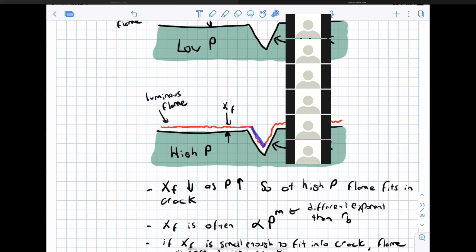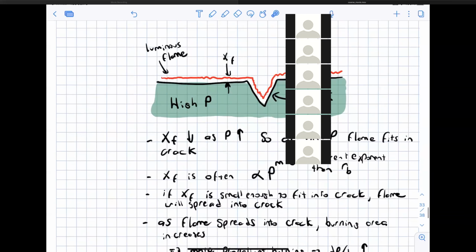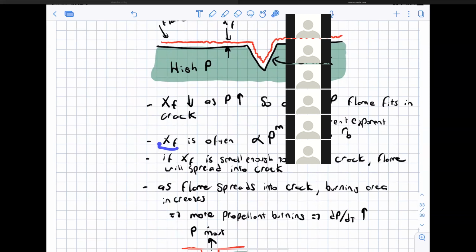And so now the flame, if it burns steadily, will see the crack as just an increase of surface area. Okay, and so the flame standoff distance x_f decreases as the pressure increases. So at high pressures, this flame, as I said, fits inside of this crack. And just for your reference, this flame standoff distance, at least for a homogeneous propellant, is often proportional to pressure raised to some power.